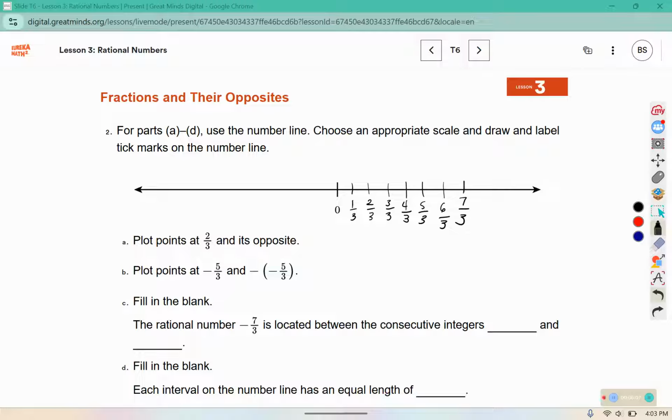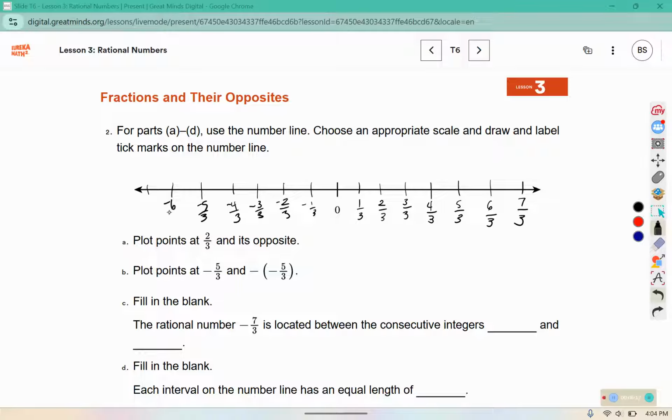And then we're going to do the same thing in the opposite direction. A. Plot points at 2/3 and its opposite. 2/3 and negative 2/3. B. Plot points at negative 5/3 and the opposite of negative 5/3.